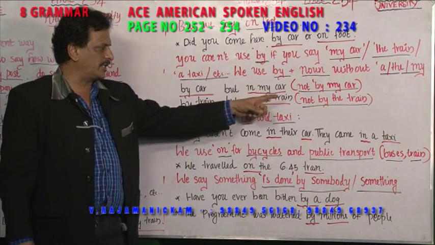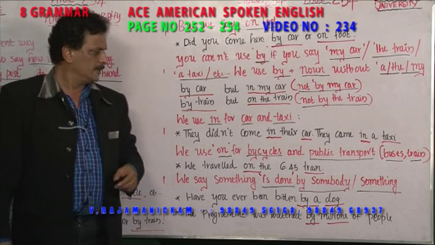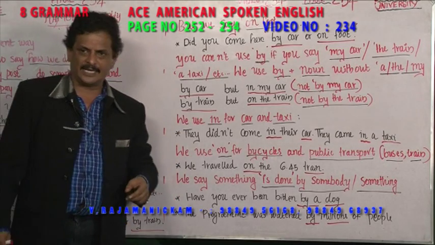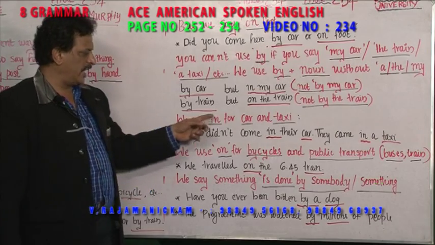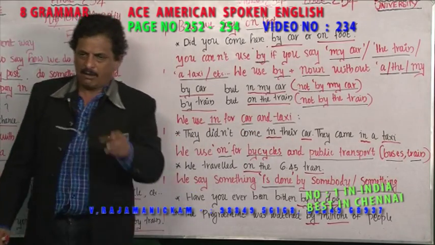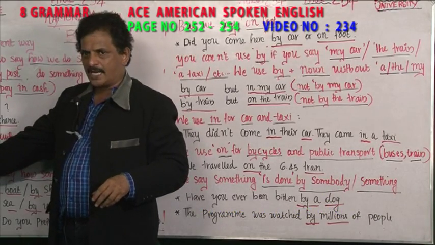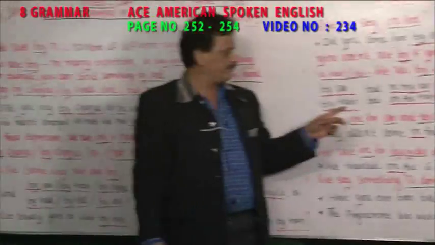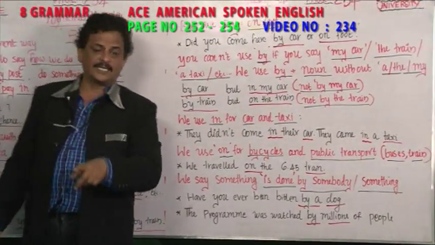By train, not by the train. Able to understand? புரிந்ததா? Articles வரக்கூடாது. So we use 'in' for car and taxi. கார் மூலமாக, டாக்ஸி மூலமாக வந்தேன் என்று சொல்லும் பொழுது by car, by taxi. ஆனால் இந்த preposition 'on', 'in' பார்த்தீங்கன்னா, காருக்கு டாக்ஸிக்கு 'in' தான் வர வேண்டும்.